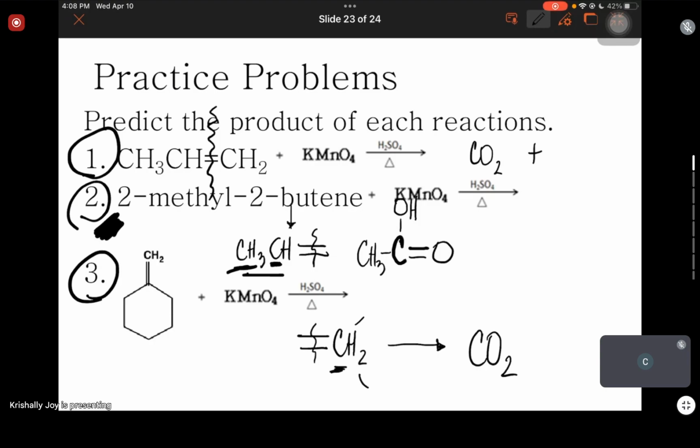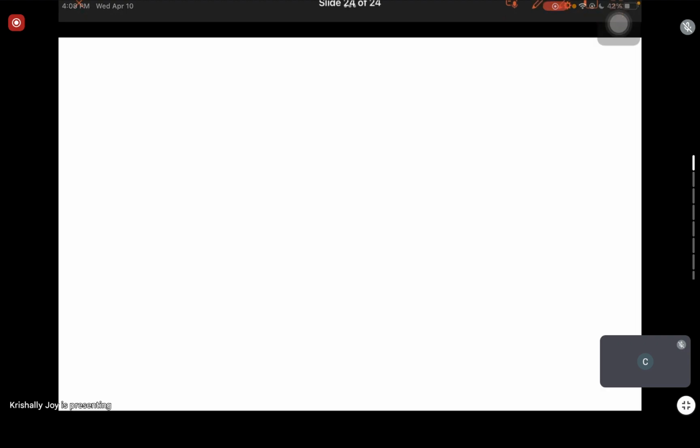Its hydrogen is still prone to oxidation, so it became hydroxyl, and you produce the oxidized form from its cleaved portion. So that's a carboxylic acid. Write that as carbon, double bond O, then OH. So that's how you predict the product in oxidative cleavage.